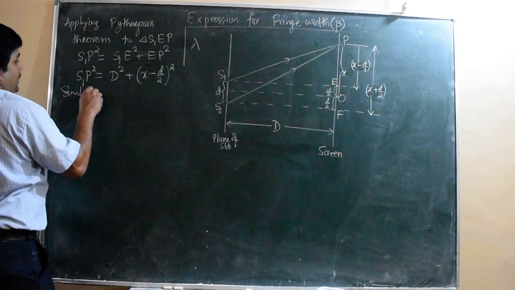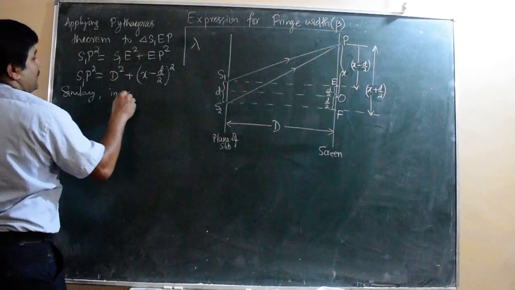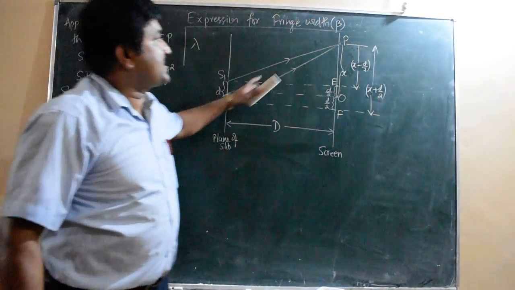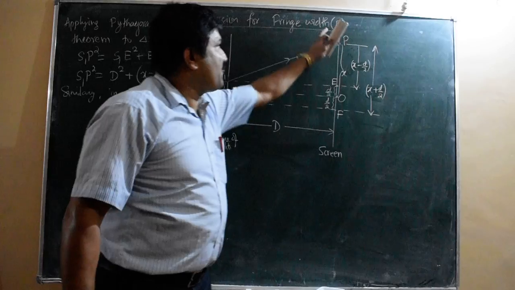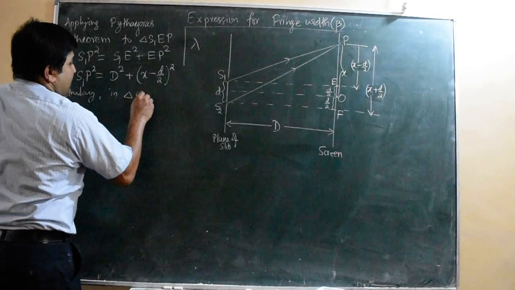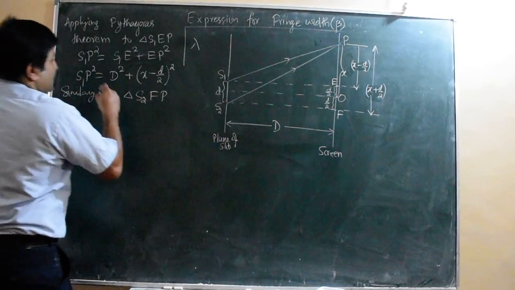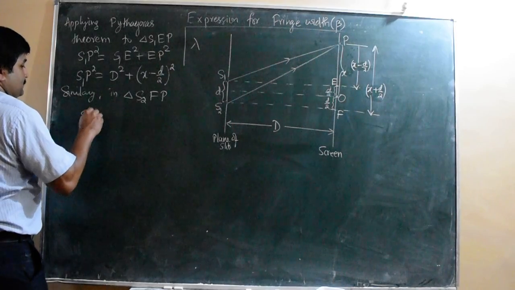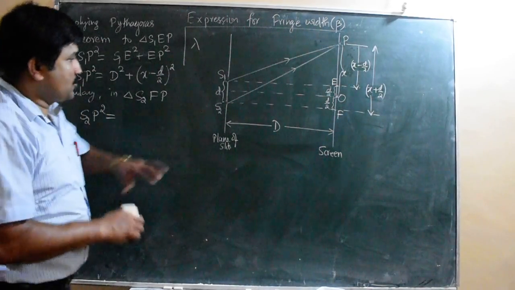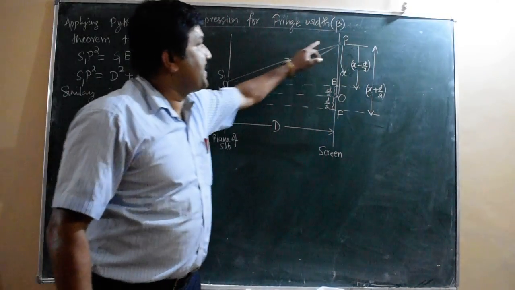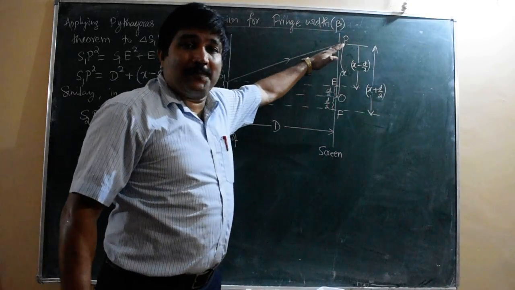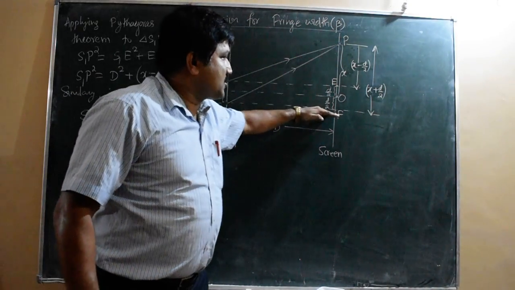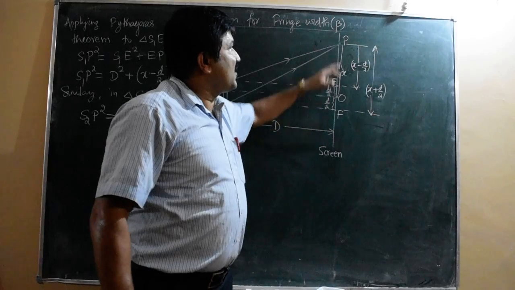Similarly, in triangle S2FP we can write S2P square, the square of the hypotenuse, equals S2F square plus FP square.